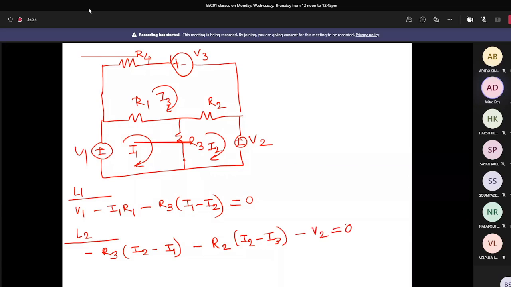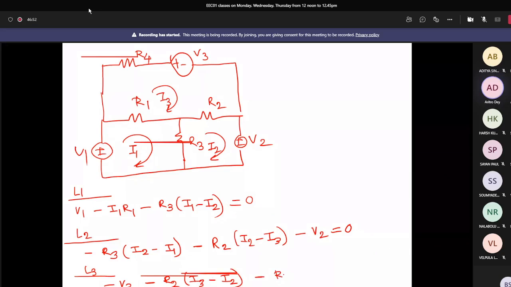So this is another loop, and the third loop is minus V3, minus R2 into I3 minus I2, minus R1 into I3 minus I1. So these are your loop equations.